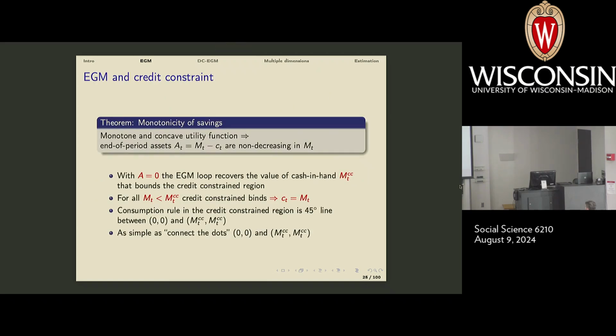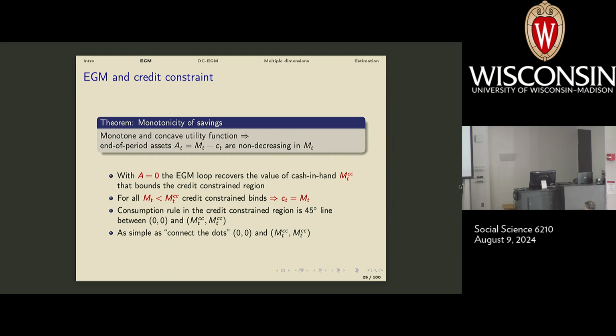All right, a few things to mention now about the credit constraints. It turns out that if we have a monotone and concave utility function, then the end-of-period asset is a non-decreasing function of wealth. And you can show that as a pretty straightforward result.